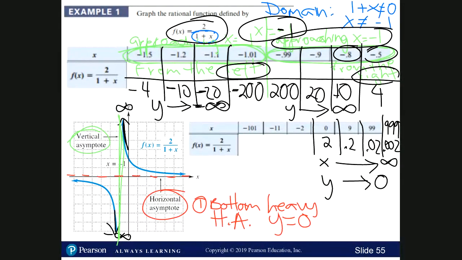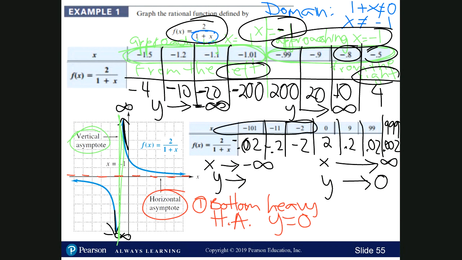Now, if we look on the left side of the y-axis, when x equals -2, the y value is also -2. When x equals -1, the y value is -0.2. And when x equals -101, the y value is -0.02. And so we could say here that as x approaches negative infinity, meaning that the x values are getting smaller, the y value is going to approach as well 0.